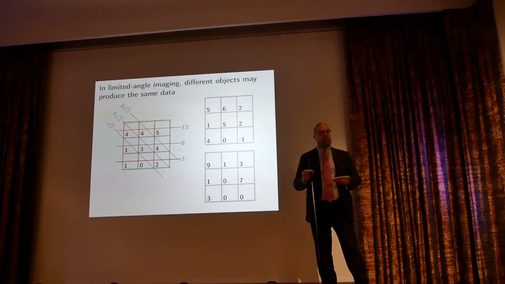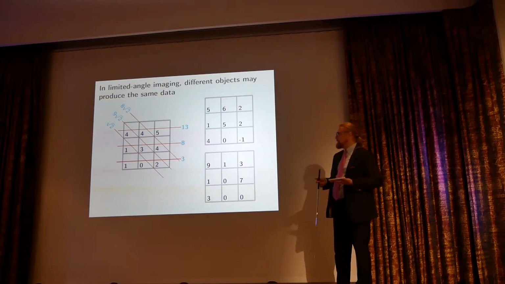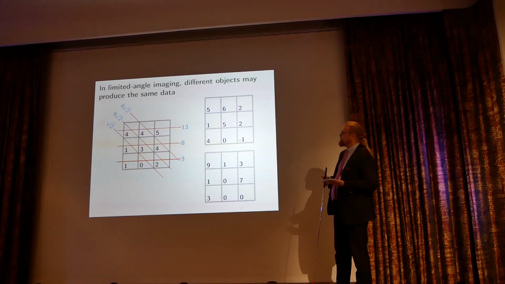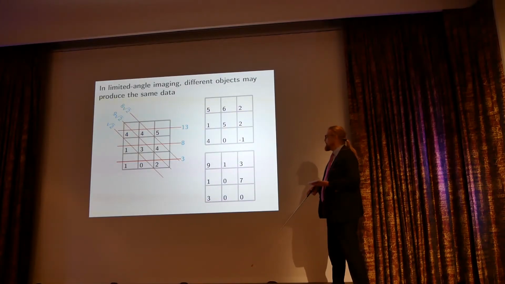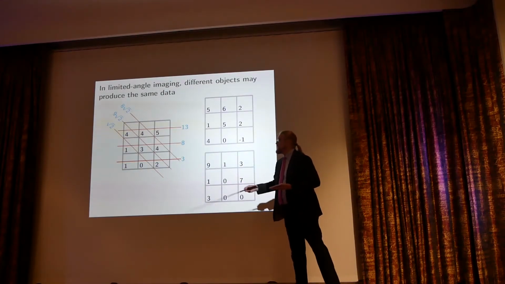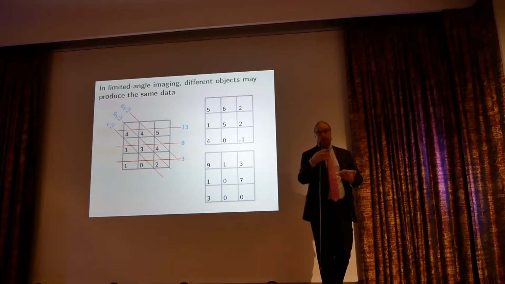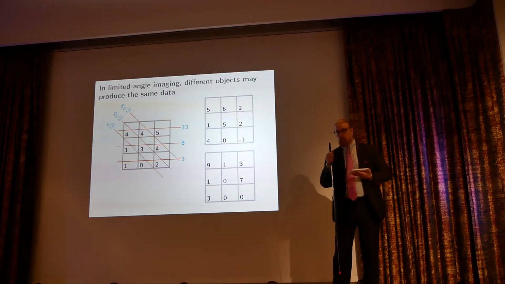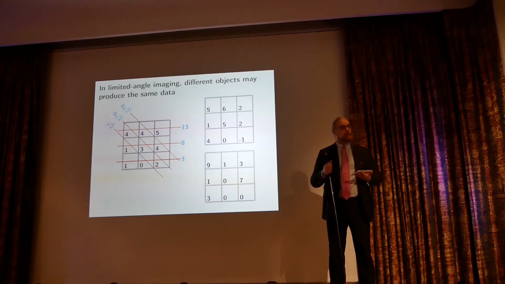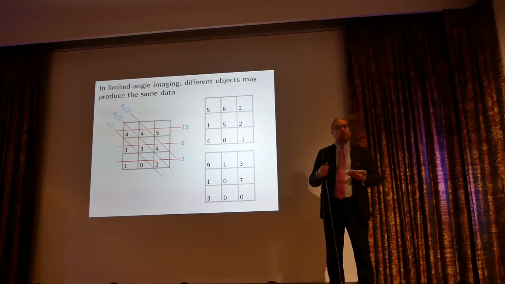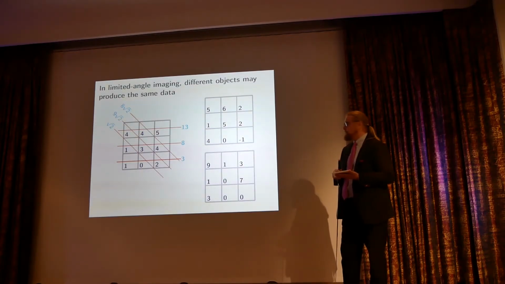And this is not possible by physics, unless there is something radioactive inside the patient. But even then, it would be weird. So we can rule this out. But then choosing among these ones, we have to find a mathematical formula that favors among all the possibilities those ones that most look like dental tissue. That's what we wrote down in the computer and made it work that way.